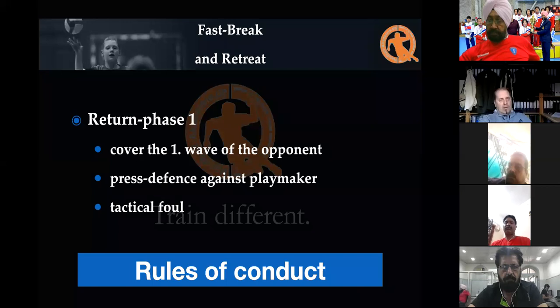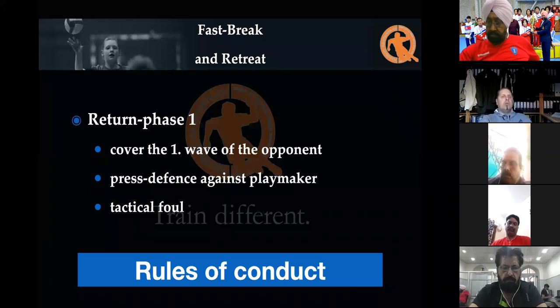Third is, in that moment, it's not a nice thing, but sometimes we have to take this into consideration. Make a stop foul, make a tactical foul in that moment. Because in that moment, when the players are just starting and not running with high speed, it's easier to stop them.